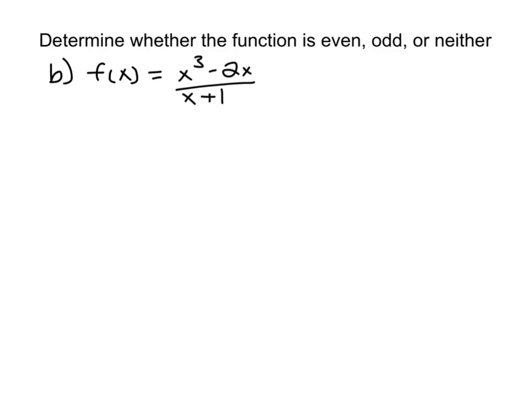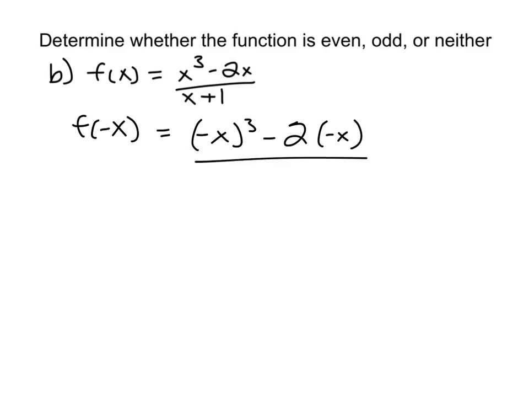Now let's do the same thing for this one. Plug in negative x. So we'll get negative x to the third minus 2 times negative x, all over negative x plus 1. Negative x to the third is negative x cubed, because negative 1 to the third power is still negative 1, so the negative stays there.